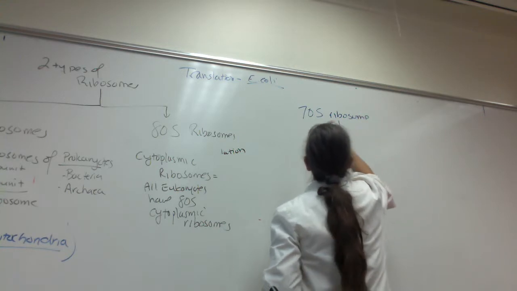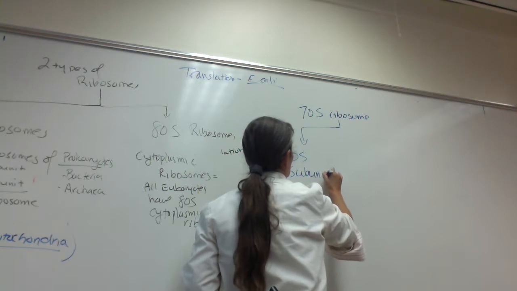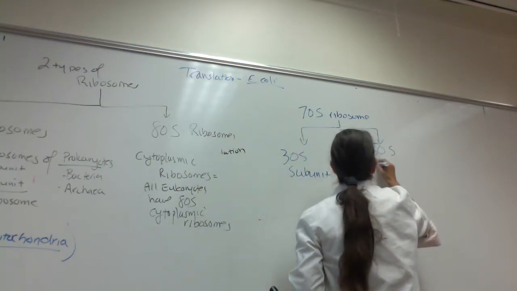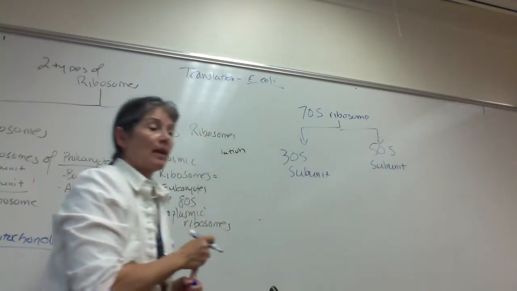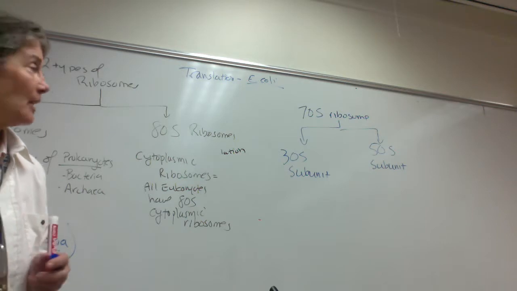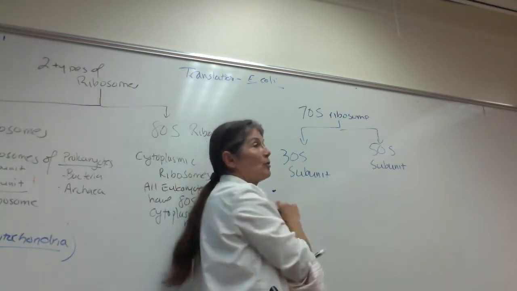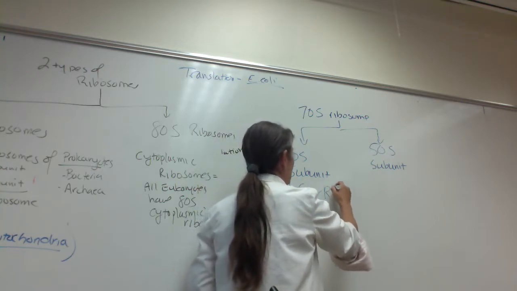All right, so in the 70S ribosome, remember we have the two subunits, the 30S subunit and the 50S subunit. And each subunit is made up of ribosomal RNA and proteins, right? But the really cool thing is in the 30S subunit, there's a special ribosomal RNA called the 16S ribosomal RNA.